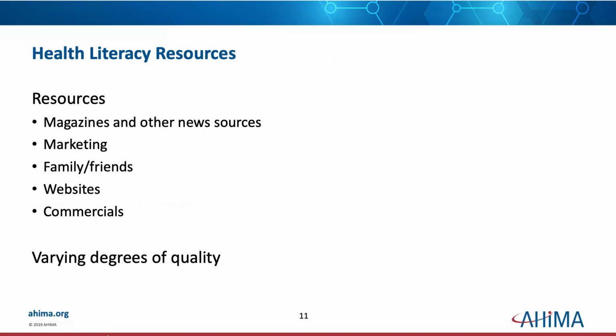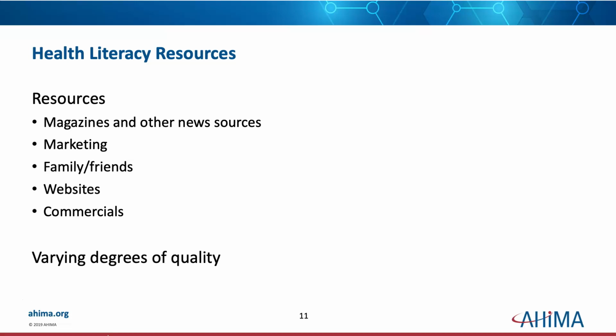So what are some ways that you can reach out and improve health literacy? Well, there are always resources: magazines, other news sources, marketing, family, friends, websites, commercials. I really encourage you to go out to the government's websites on health literacy and take a look at those, whether that's the CDC or Health and Human Services, because there's a lot of good information out there.